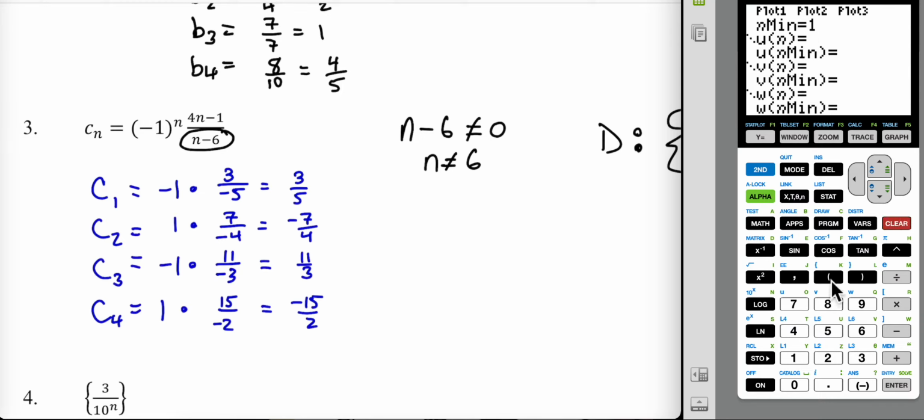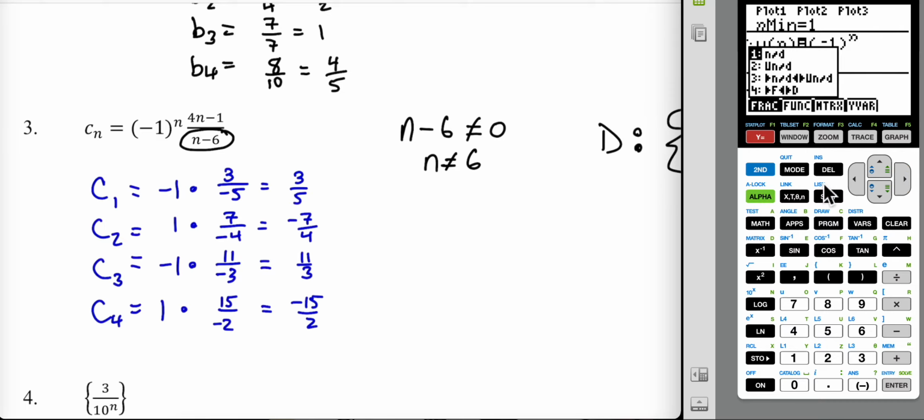So let me put this in. -1 raised to the nth times the fraction, 4n minus 1 over n minus 6.